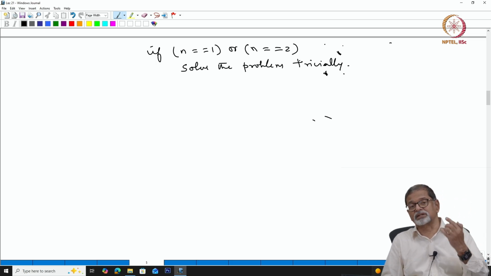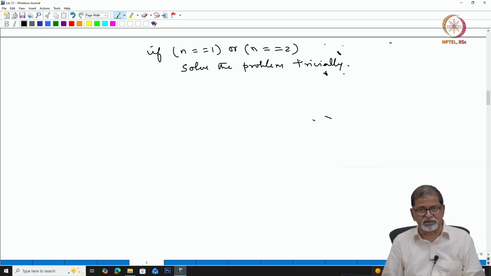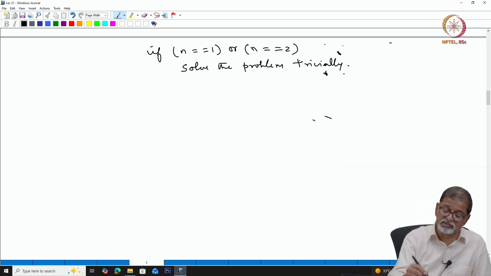For example, if n equals 1, there is nothing like a closest pair, delta is 0, and there is nothing you have to worry about. If there are 2 points, there is only one pair, and whatever its distance is, that is the delta, and you output the pair in increasing y order. That is all. So, this is solved trivially.